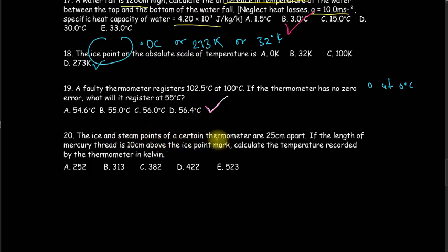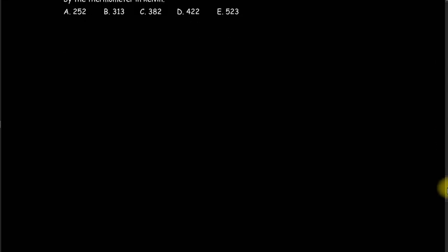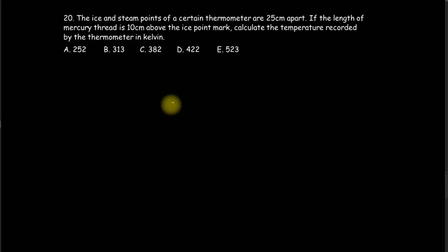The ice and steam points of a certain thermometer are 25 cm apart. If the length of the mercury thread is 10 cm above the ice mark. So how can I solve this one? Okay, I'm just going to draw a diagram.